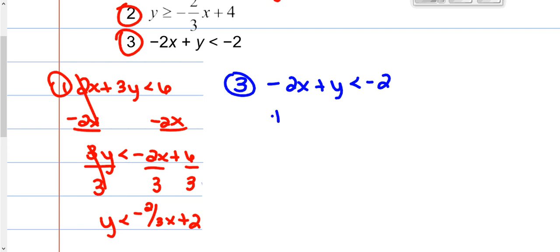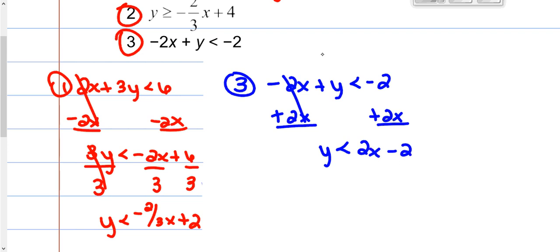Go ahead and add 2x to both sides here. Cancel. And y is less than, again, these are not like terms, you cannot combine them, 2x minus 2. So I'm going to go ahead and write that up here. Y is less than 2x minus 2. Now we just need to graph these. So let's go ahead and pull up our calculator and do that.